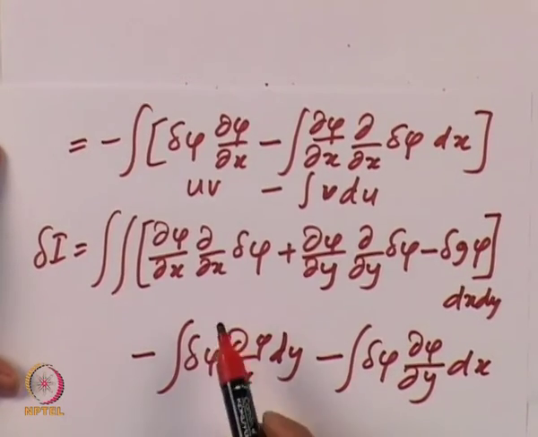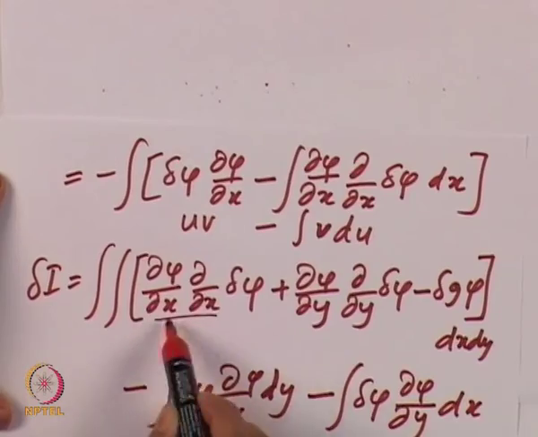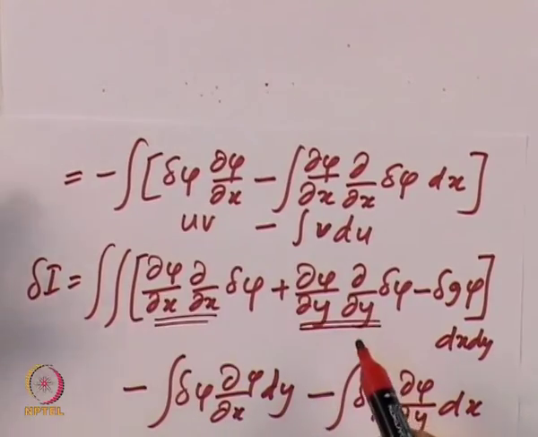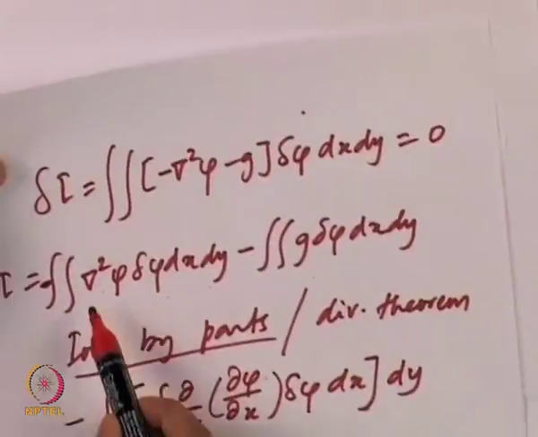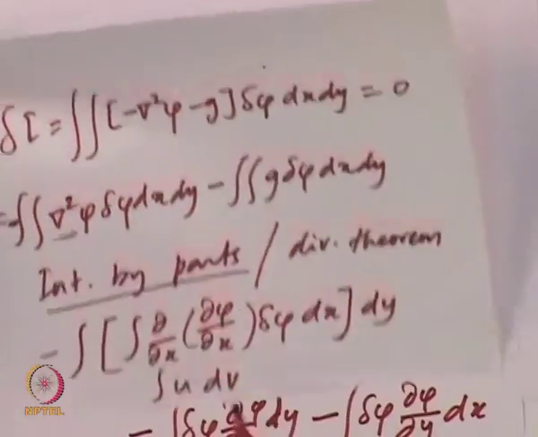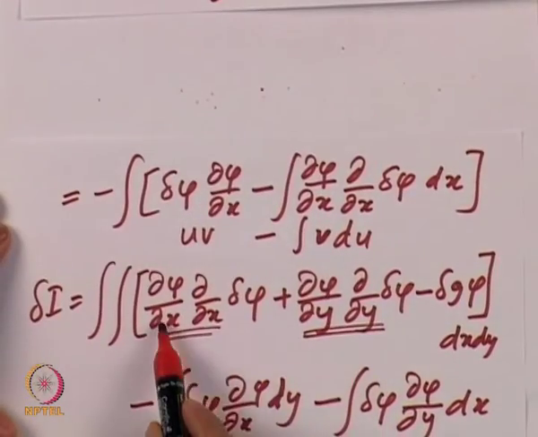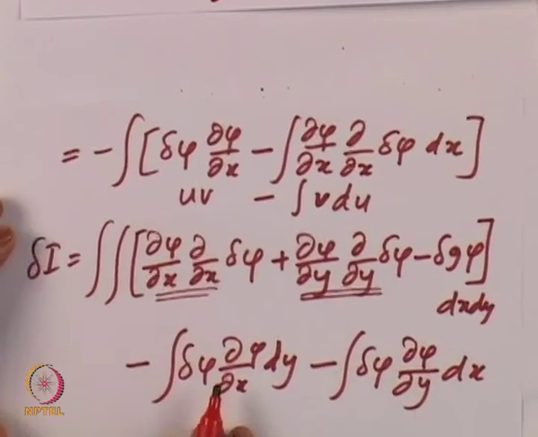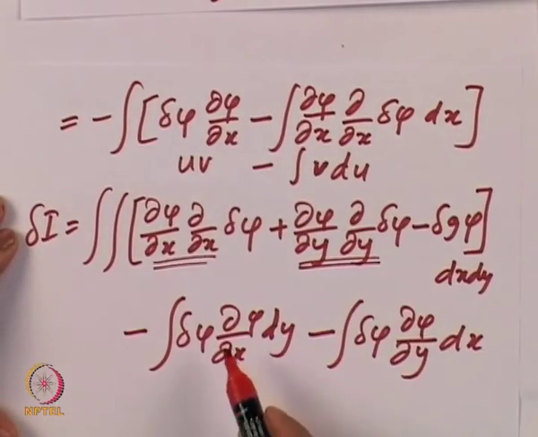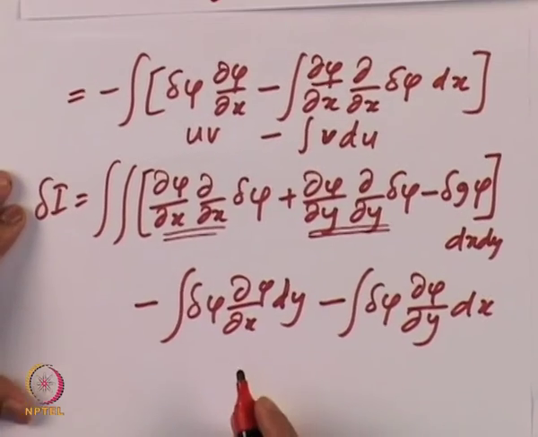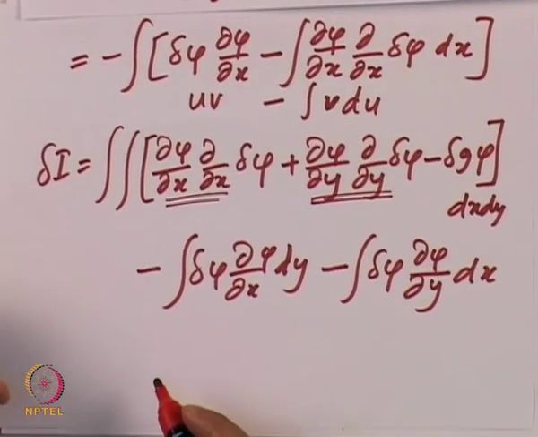Remember, these are the terms directly coming from the del square term. Since we are only in 2 dimensions, we have only 2 second order differentiations, and applying integral u dv is equal to uv minus integral v du, we get to this point.